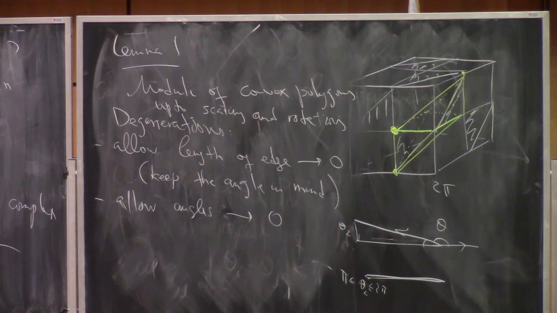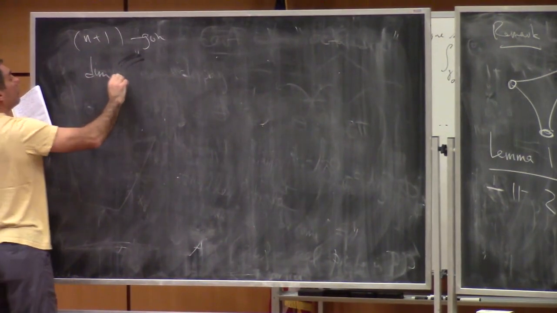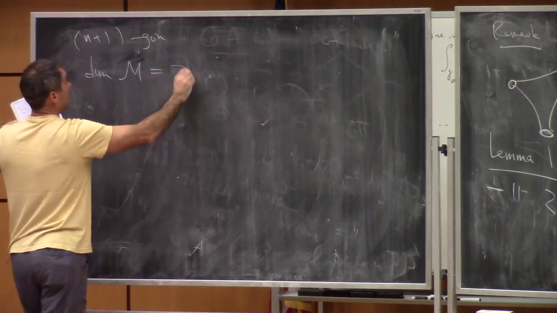It's 2n minus 2 dimensional. So we have an (n plus 1)-gon, and the dimension of this thing is 2n minus 2.